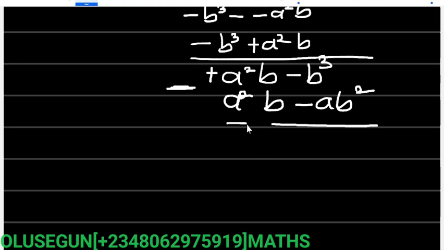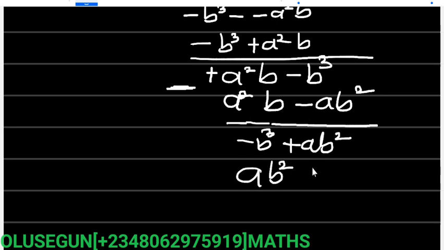Now minus b raised to power 3 plus ab squared. So you try to turn the ab squared to be ab squared minus b raised to power 3.